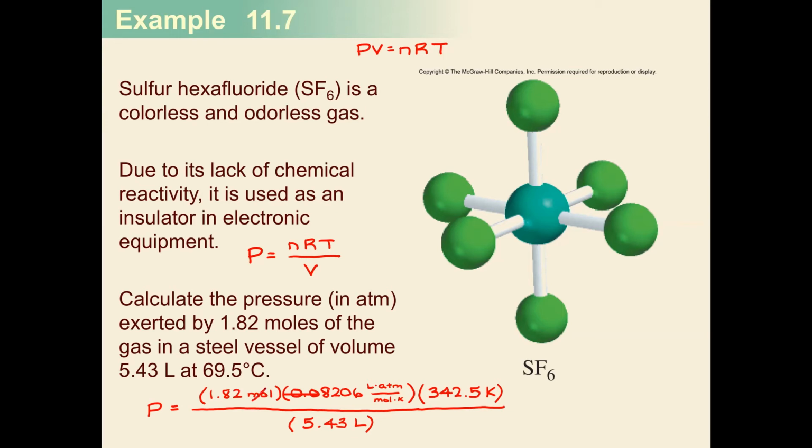Notice that my moles and moles will cancel, my liters and liters, and finally my Kelvin and Kelvin. And you'll notice that the last remaining unit is the atmosphere. This lets me know that I am solving for the correct characteristic of pressure. If I put this into the calculator, you will find that I have a pressure of 9.42 atmospheres. This is a good answer.